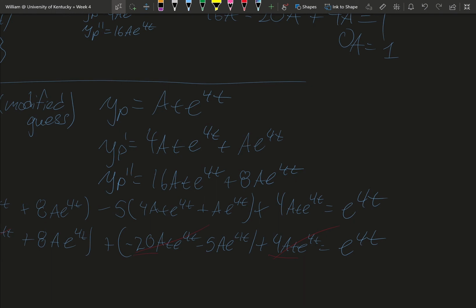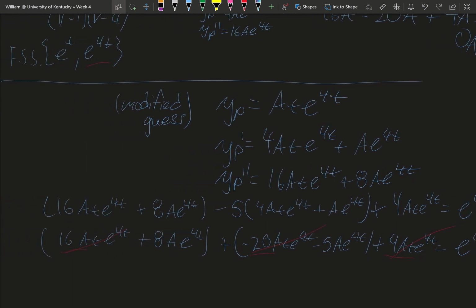So when you're doing this in practice, at least what I do is, I write out the derivatives. I maybe check mentally just real quick that it should work, but I can kind of just ignore all of these terms. They're all going to cancel out, and you're going to be left with a much simpler equation.